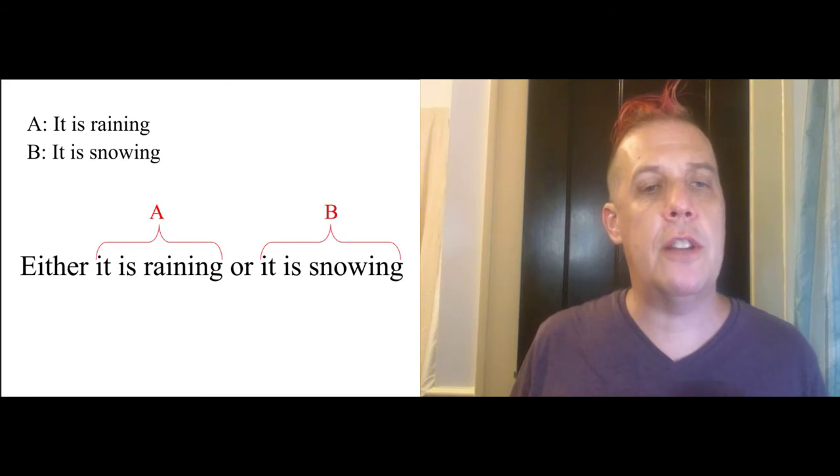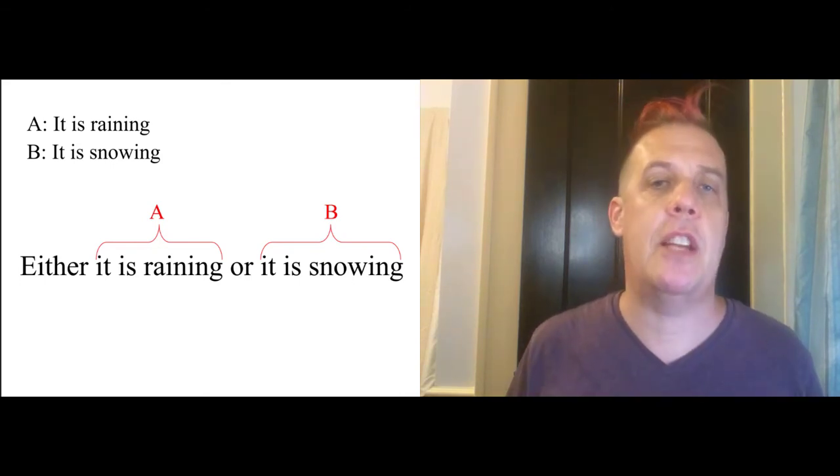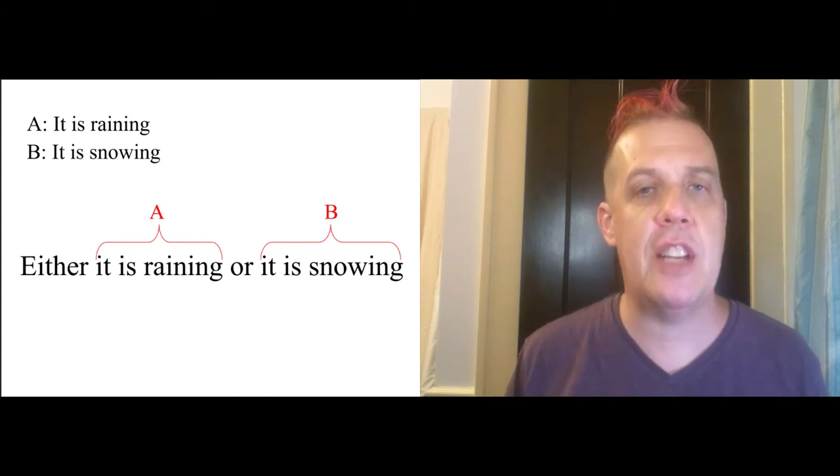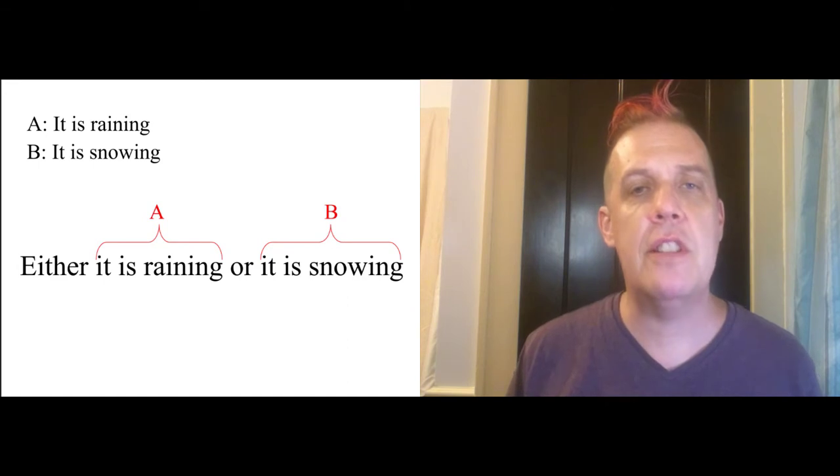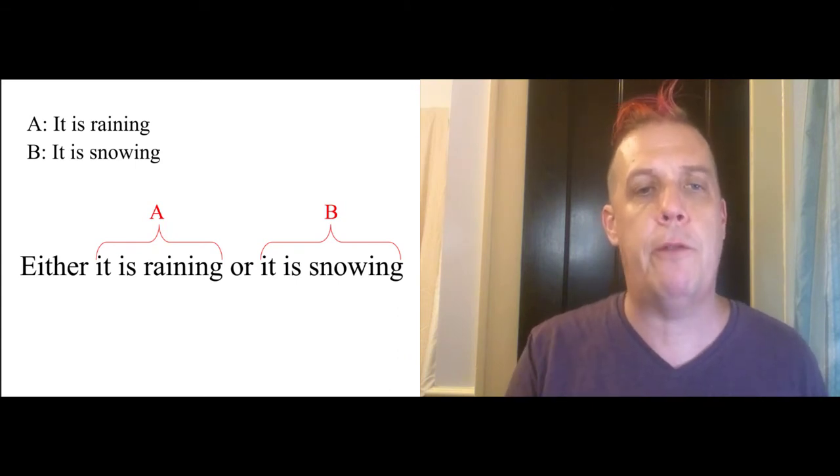We are actually calling these smaller statements, A and B, atomic statements. We call them atomic statements because you can't divide them up any farther and still get something that is a statement, right? So if you split off "it is" or "raining," neither of those on its own could be true or false.